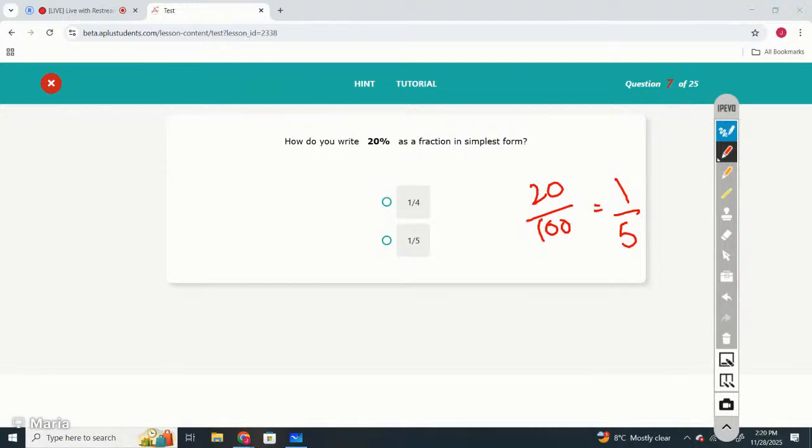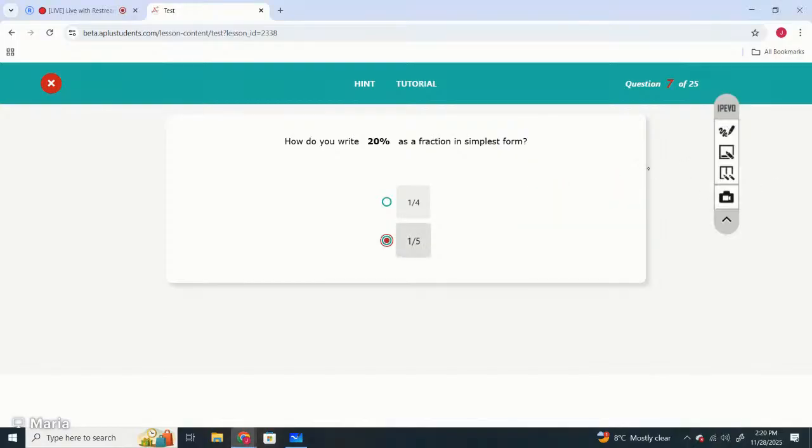That is 1 over 5. The correct option is 1 by 5. Option number 2 is the correct option.